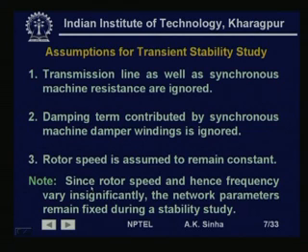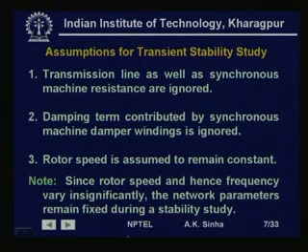Another advantage of making this assumption is, since the rotor speed remains constant, the frequency is constant, and therefore, the network parameters do not change. Since we know that reactance is proportional to the frequency of the system, it is X equals j omega L, and Y, which is the admittance of the capacitance, is equal to j omega C. All these are dependent on frequency because omega is 2 pi f.